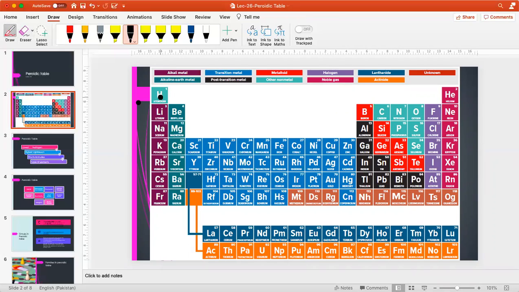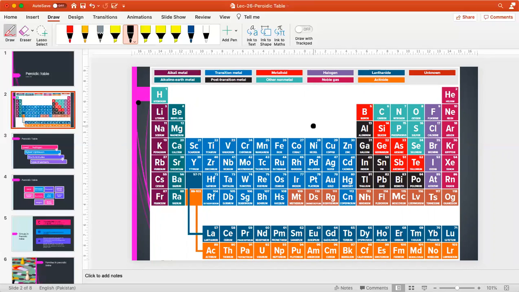This is hydrogen, which is entirely different, and please don't confuse it with the other carbon, nitrogen, oxygen, etc. This dark green color is alkaline earth metals, blue color is for transition metals, black color is for post-transition metals, orange color is for metalloids, these are other non-metals, purple color is for halogens, okay? And this color is for noble gases.